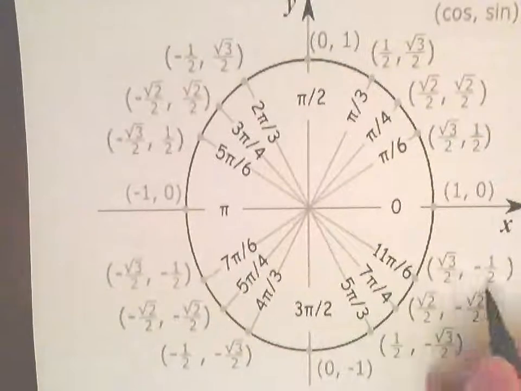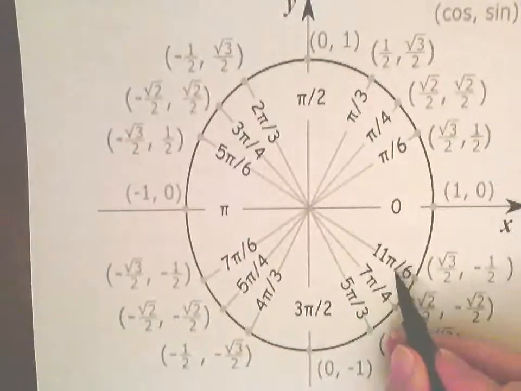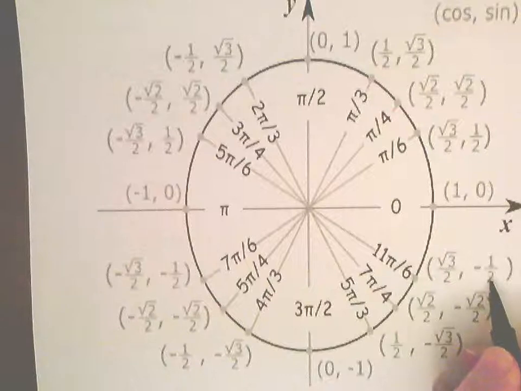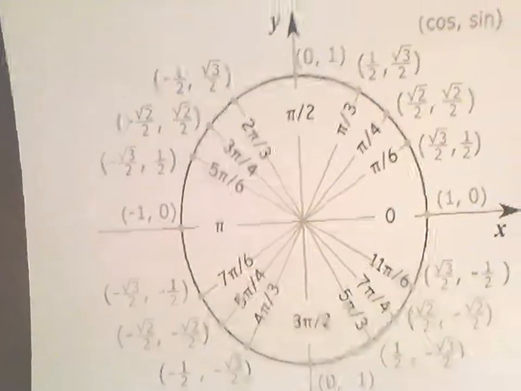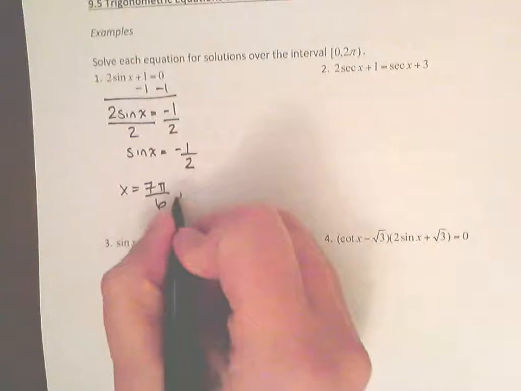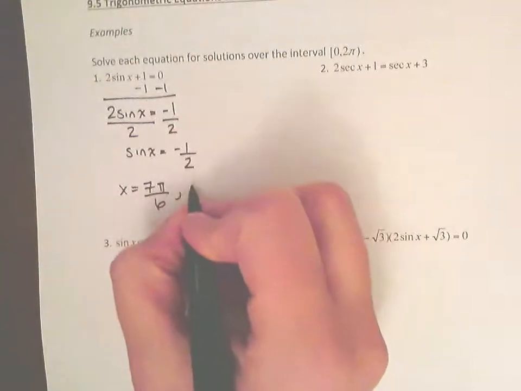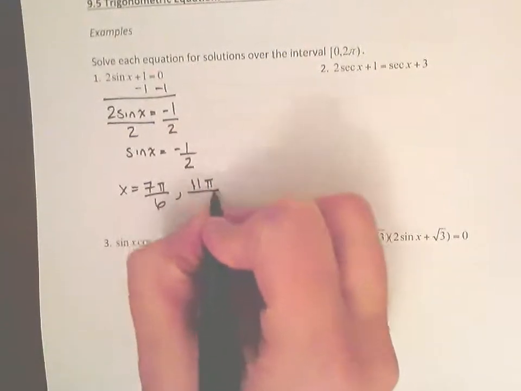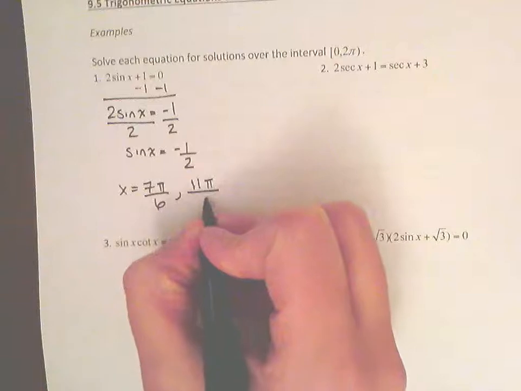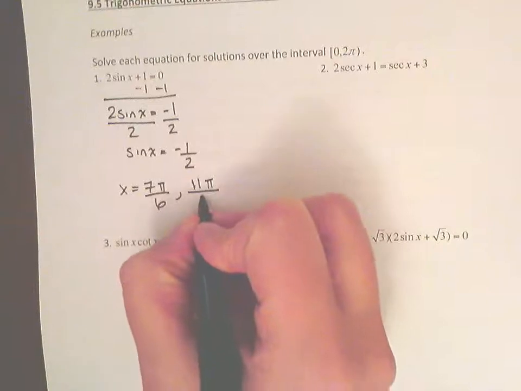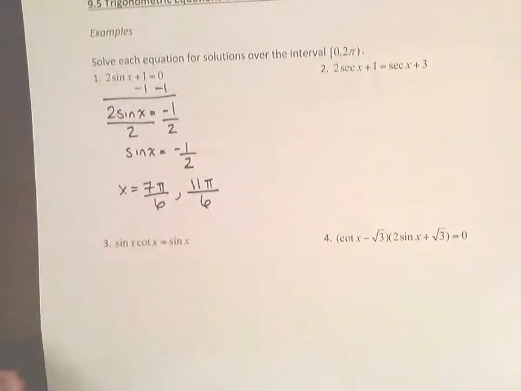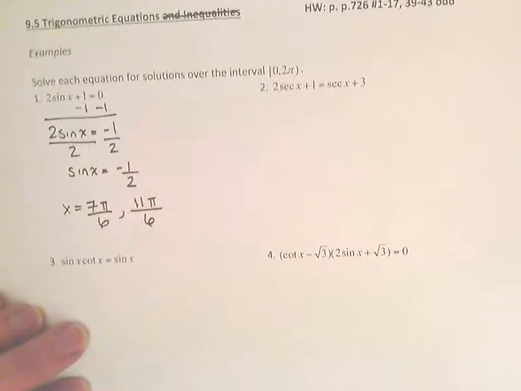Another one of our solutions is going to be 11 pi over 6, because here's the other place where sine of x is -1/2. And you have to write both solutions because we are looking for solutions on the full unit circle. Alright, so that one was pretty straightforward.